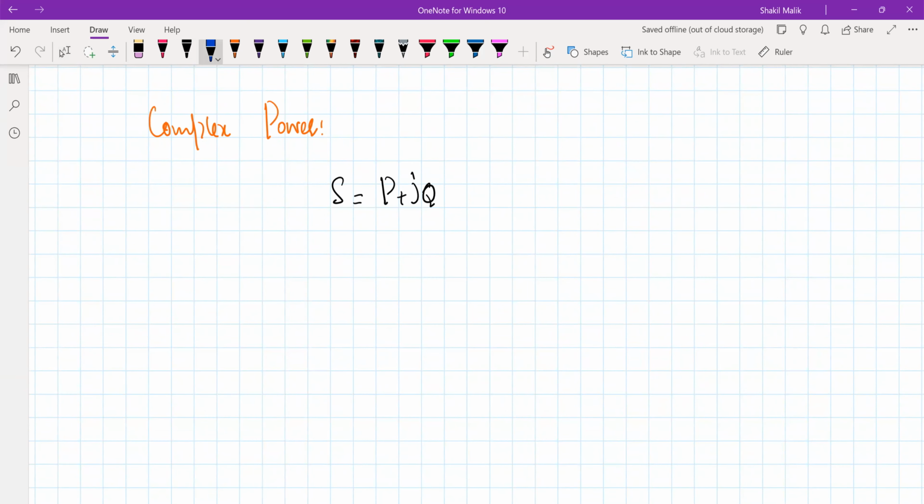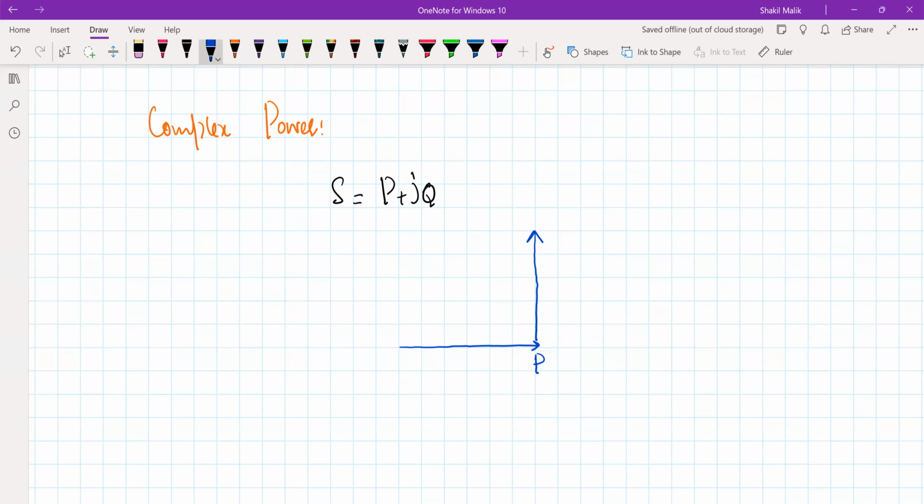We know how to draw these complex numbers on a complex plane, or how to plot the vector. So if you say P is in this direction, then Q is at an angle of 90 degrees, because we have a j term with it.